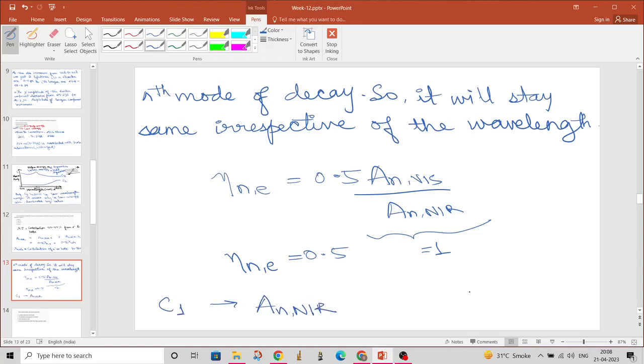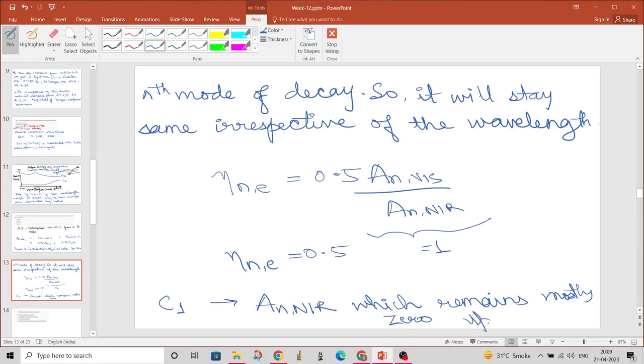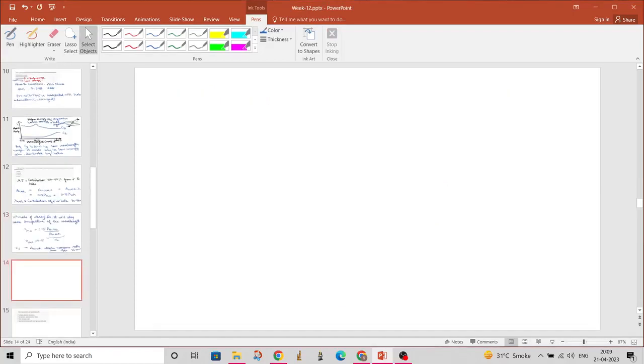Which remains mostly 0 up to 1170 nanometers. From the spectra you can see it is mostly 0 up to this wavelength.